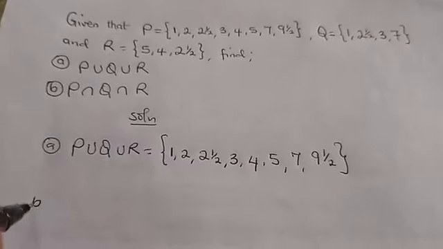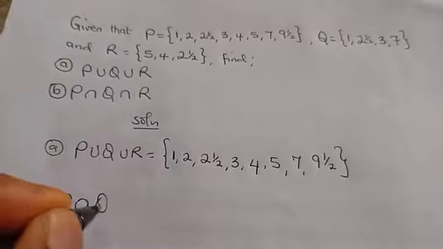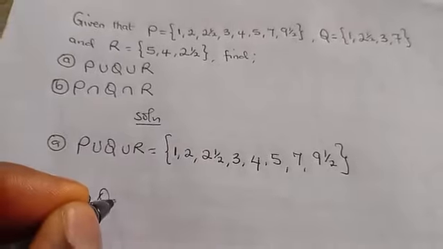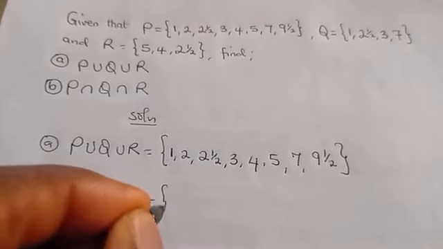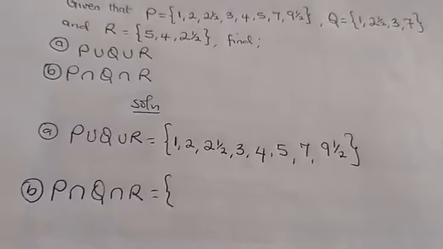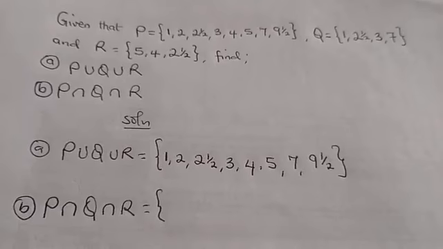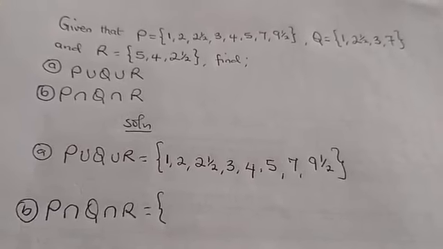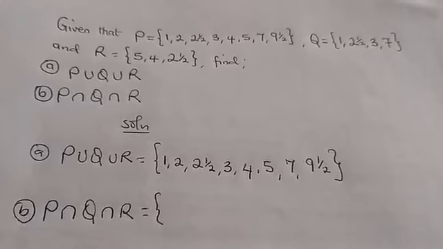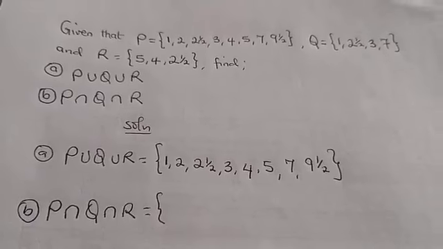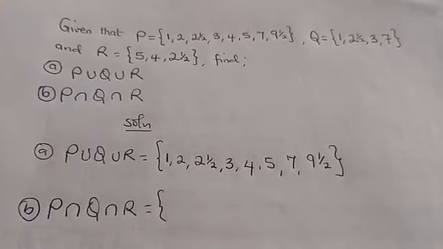Over to the second question, where we are asked to find the intersection between the 3 of them, P intersecting Q intersecting R. In this case, you are simply going to check the elements of the 3 sets and see which of the elements is common to the 3 of them. Which element can you see in set P, that is also in set Q, and also in set R?